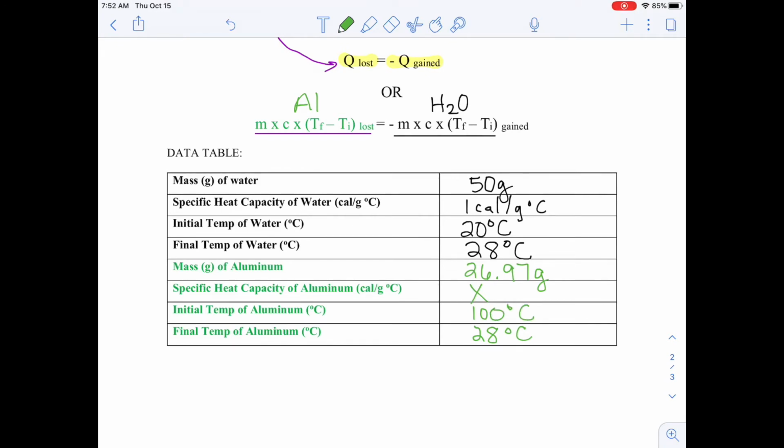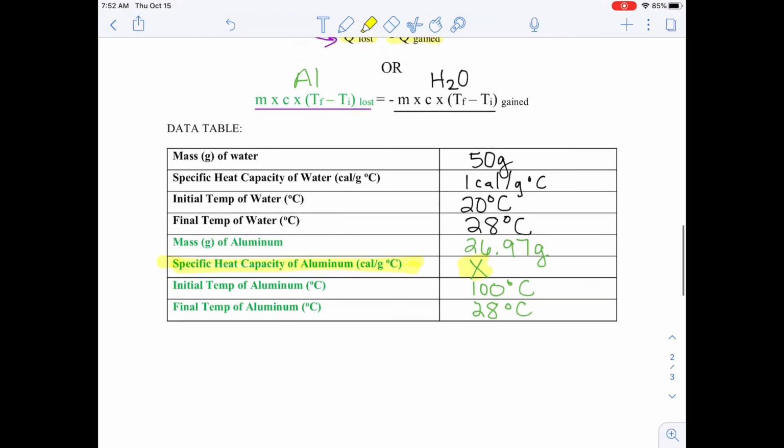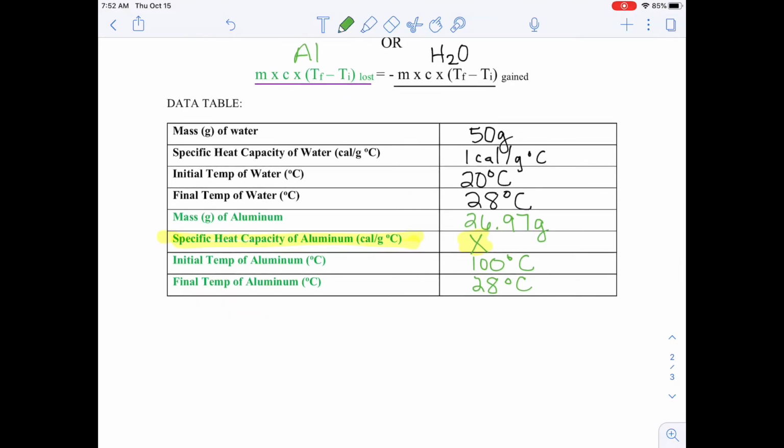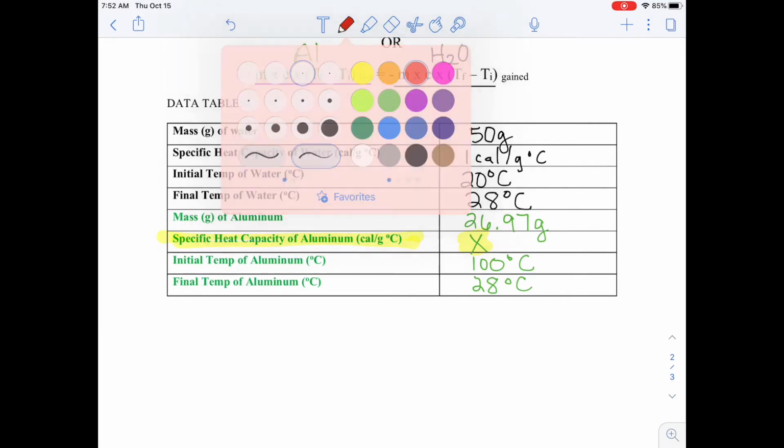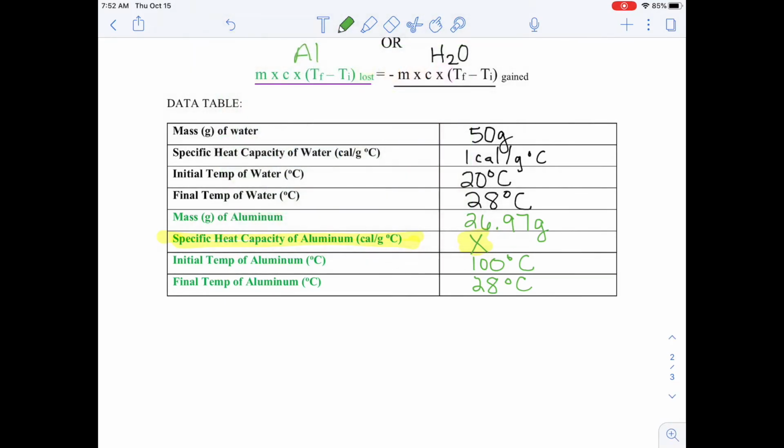All right, now we can actually solve for our unknown, which is the specific heat capacity of aluminum. So if we look at our equation up here, we can plug it in down below.